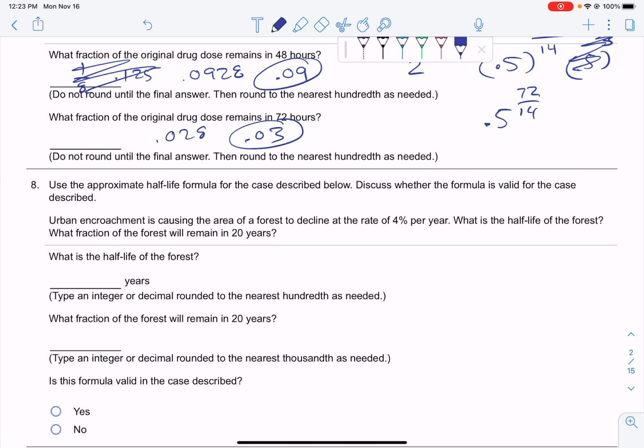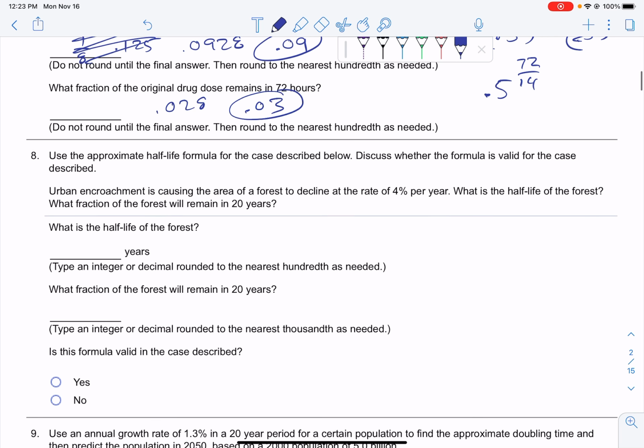Use the approximate half-life formula for the case described below. Discuss whether the formula is valid. So we're using the approximate half-life formula. And remember, that is where we say that the half-life is approximately 70 divided by the percent. Okay? So urban encroachment is causing the area of a forest to decline at a rate of 4% per year.